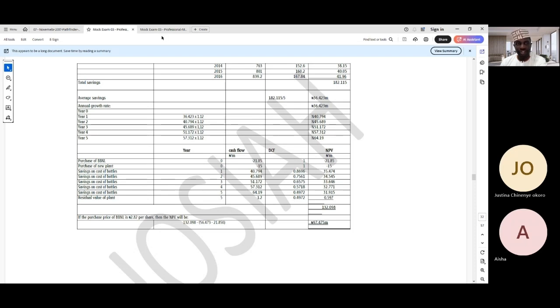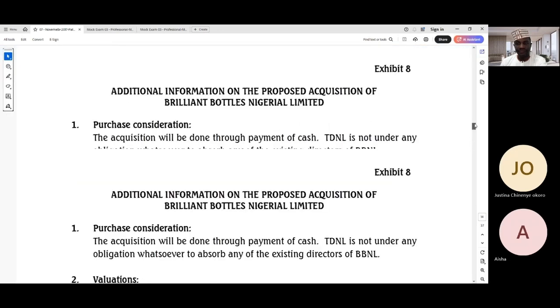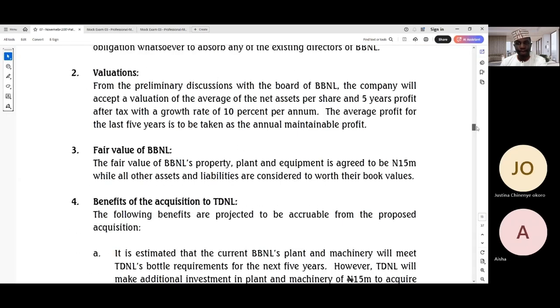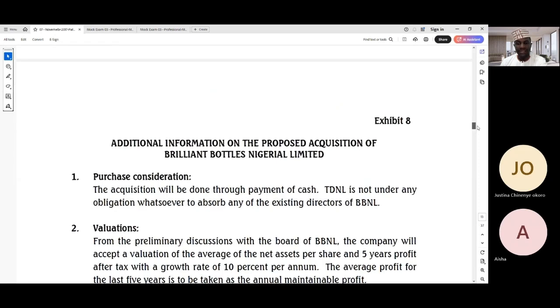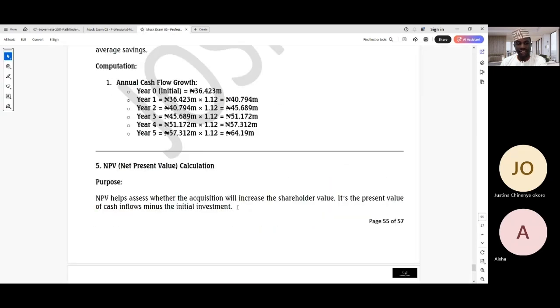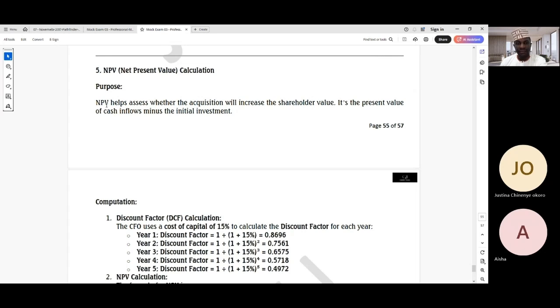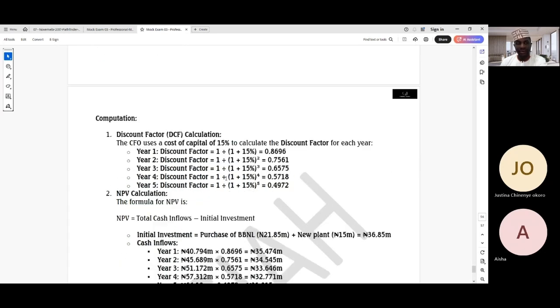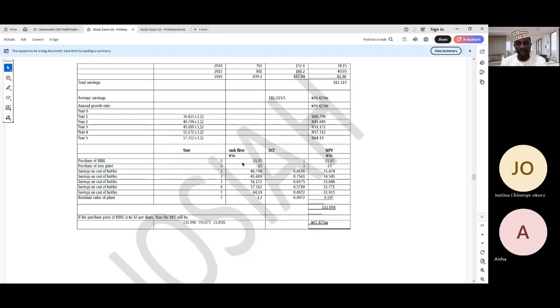So now the purchase consideration based on the question here is in cash. You can see they said purchase consideration is in cash. So now the NPV will help us to determine the acquisition, whether it's positive or negative. So in calculating our NPV, we'll take the purchase consideration, which is the cash flow of 21.85.